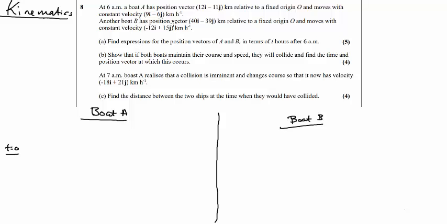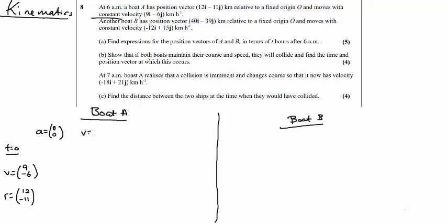Okay, at 6 a.m. boat A has position vector, so we've already got the r. Its r is 12 minus 11 relative to a fixed origin, and it moves with constant velocity. So we know its a equals 0, 0. And we know it moves with v equals 9 minus 6.